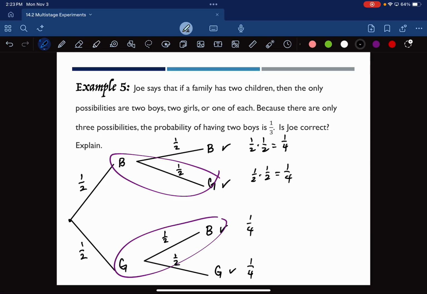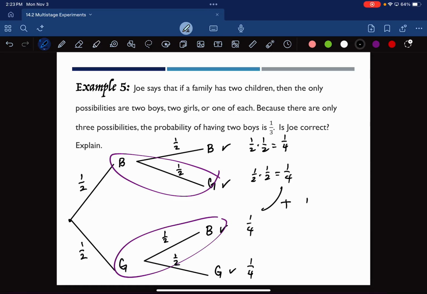So like Mackenzie pointed out, the things that are purple are 2 different ways of having a girl and a boy, right? It's the order of when you have them. Now, if we wanted to find the probability of having a girl and a boy, those two things added together, we would actually add these two together. That looks like multiplication. Let me take these two and put a plus sign like that.